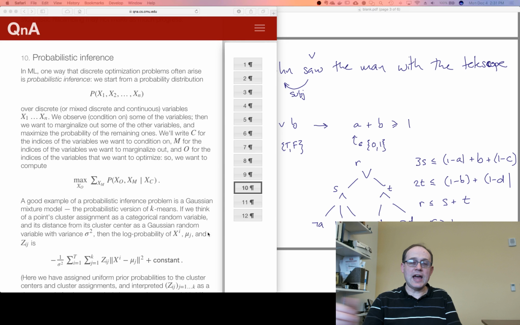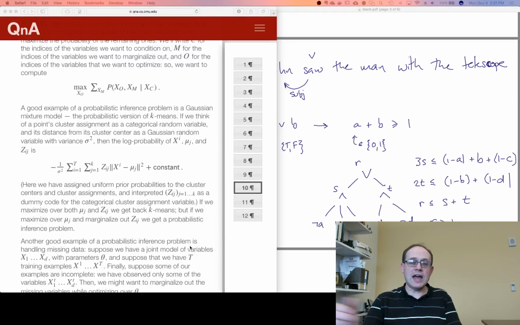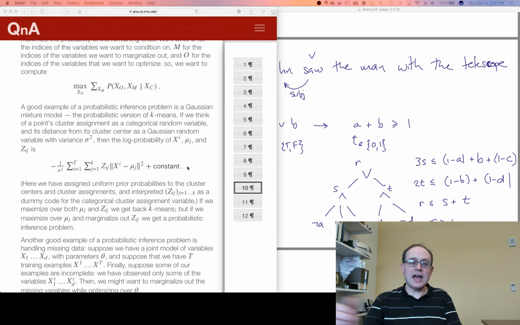And so if you write that out, you'll get an objective that looks like this. This is the log probability. And this should look familiar.